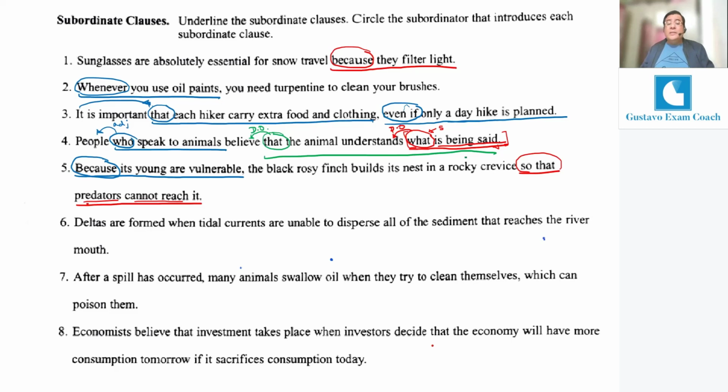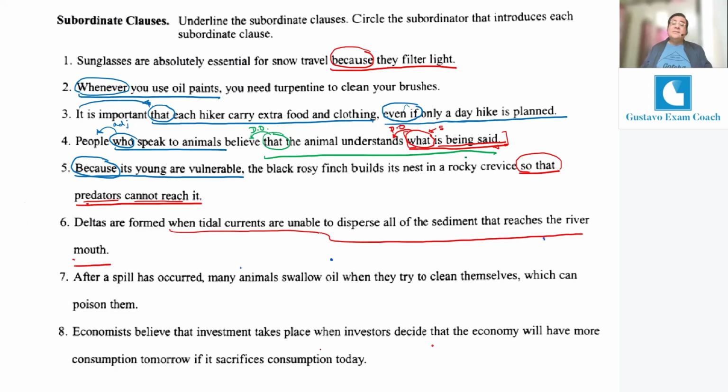Deltas are formed when tidal currents are unable to disperse all of the sediment that reaches the river mouth. Okay, so deltas are formed is essentially our independent clause or main clause, right? Subject and conjugated verb. And then we have one subordinate adverbial clause, when tidal currents are unable to disperse all of the sediment that reaches the river mouth.